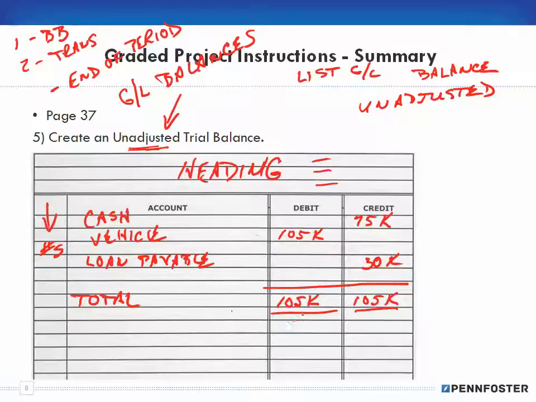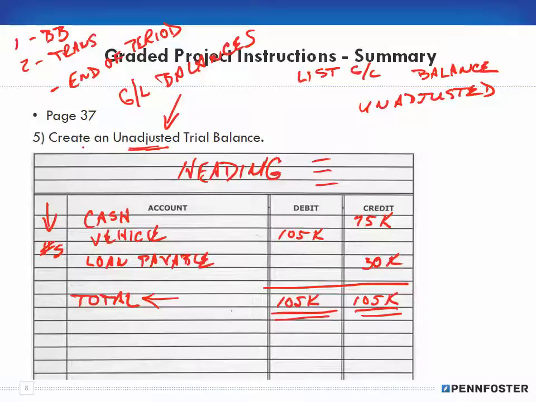They're not sure. But if you make a double underline, that tells them that is the final balance. There's no more math to be done to this particular number, so this is truly the total.